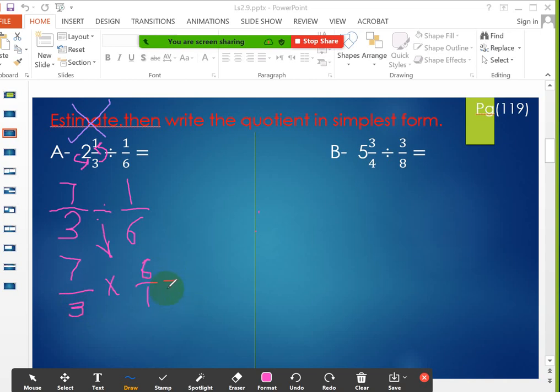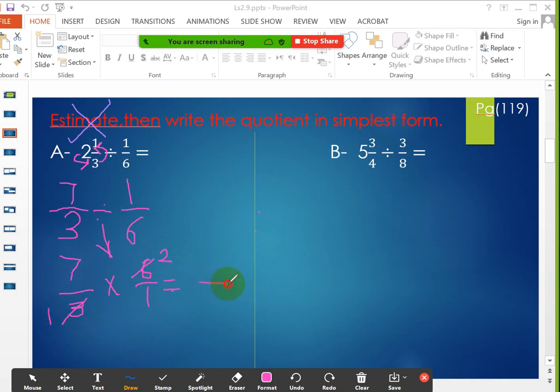Yes, Lena? 6 and 3. The greatest common factor is what? 3. Very good. So 6 divided by 3 equals 2, as you said, and 3 divided by 3 equals 1.